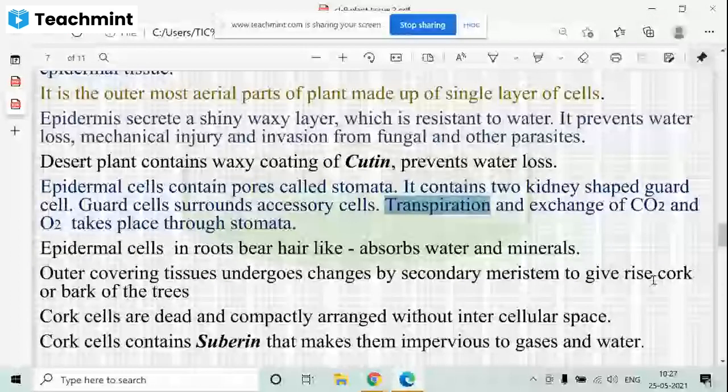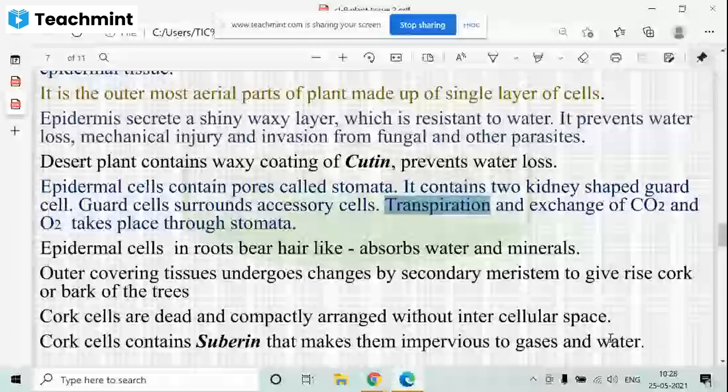The outer covering tissue undergoes changes by secondary means and gives rise to cork or bark of a tree. When the tree grows in diameter, not longitudinally but horizontally, the diameter increases, it adds up, this covers the epidermal tissue, then breaks down and forms the hard bark or cork cells.